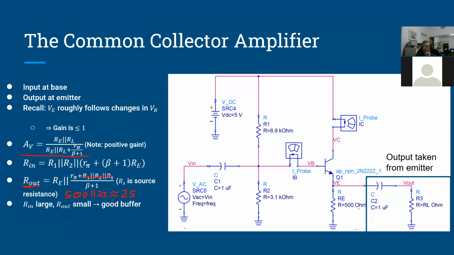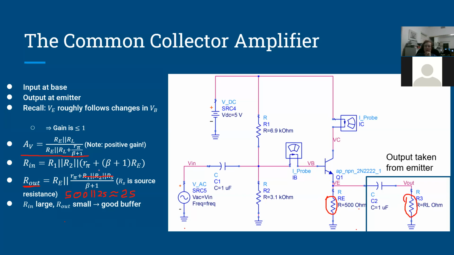Remember that R pi over beta plus 1 was 25 or so. And then we have RE in parallel with RL. RE is the emitter resistor, this guy, and RL is what we're trying to send our voltage to, which is this guy.